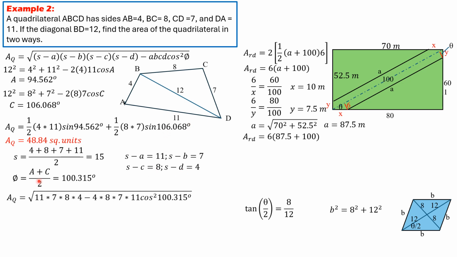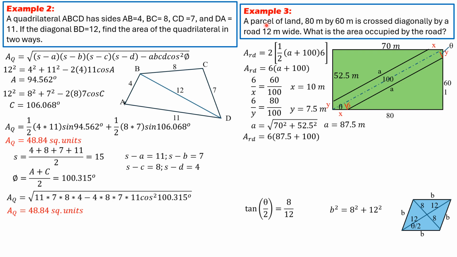Then the average of opposite angles, 94.562 degrees plus 106.068 degrees divided by 2, is 100.315 degrees. Substitute into the formula, then we get the same result of 48.84 square units.